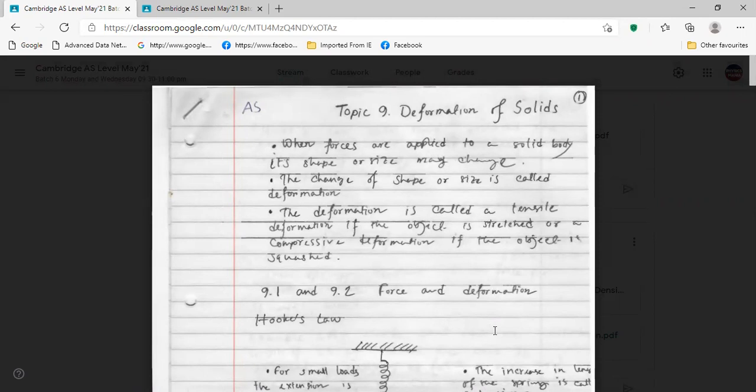And if you remove the force and it comes back to the previous condition, then we say it is elastic deformation. If the force is removed and the object returns to its original position, then it is called elastic deformation.